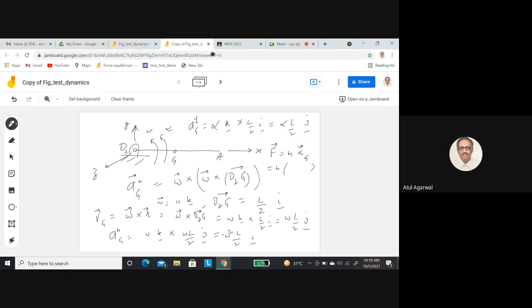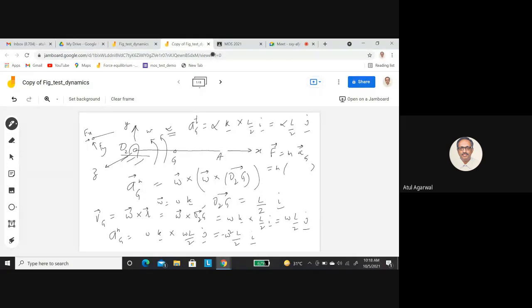So there is a force here on the hinge. It has two components, Fx, Fy. And also you see there is an angular acceleration. The rod has an angular acceleration alpha.